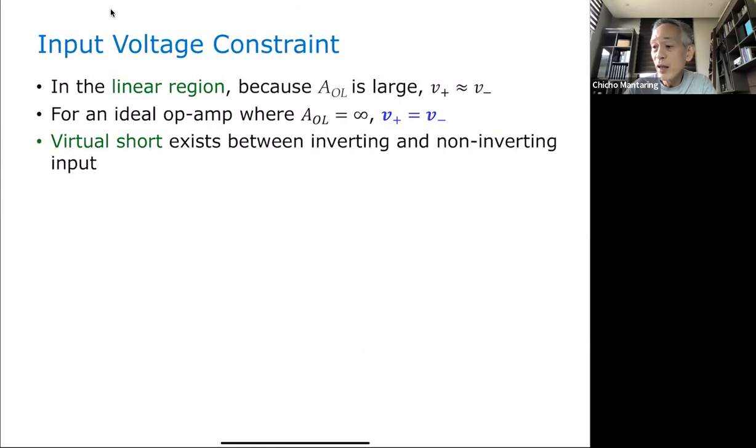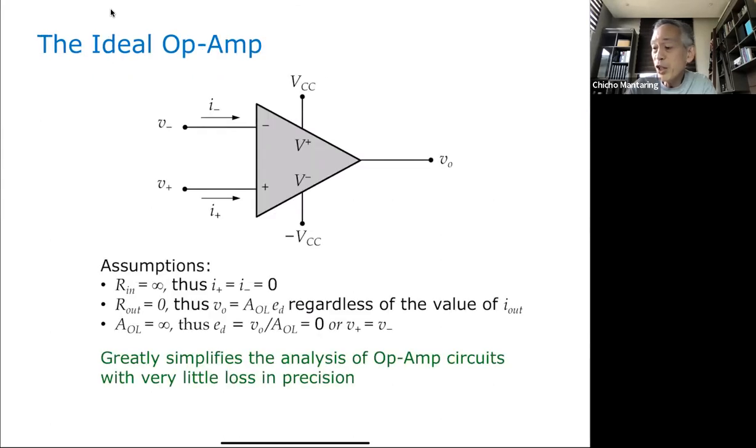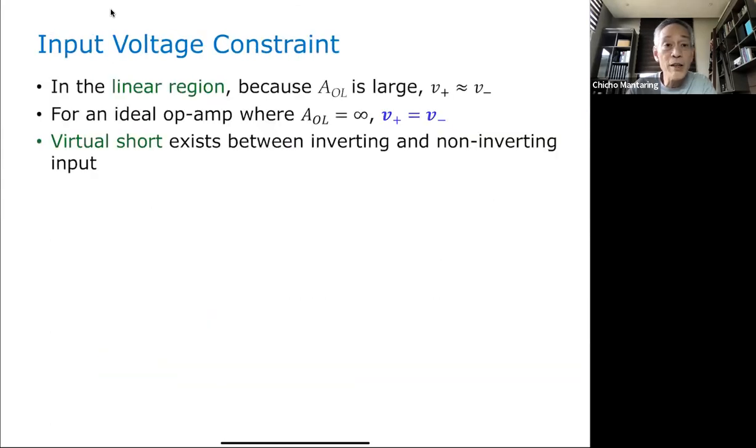Okay, so these conditions translate into two constraints. So the first constraint, we call it the input voltage constraint. Because AOL is very large, V plus is approximately equal to V minus, and when AOL is equal to infinity, V plus is equal to V minus. Now note that that is only in the linear region. V plus is equal to V minus.